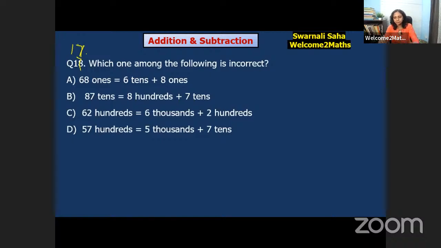Now it is visible. Sixty-eight ones, 6 tens, 8 ones. Which would be the right one? 87 tens, 807 tens. Let's see. Now it is visible. So now tell me which is incorrect, not correct, which is incorrect.